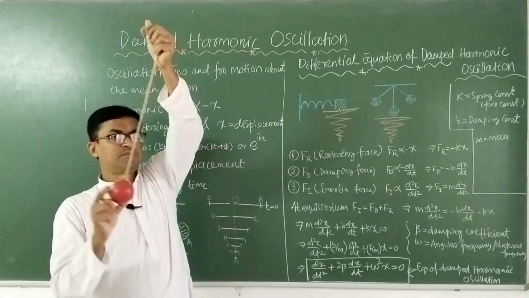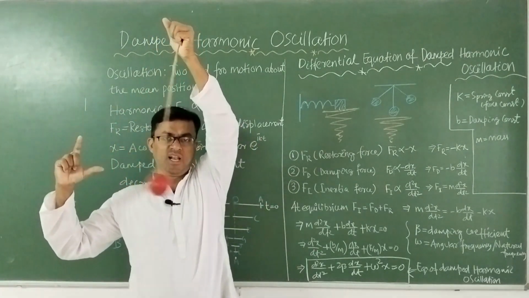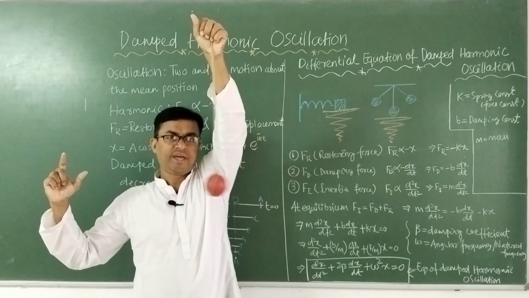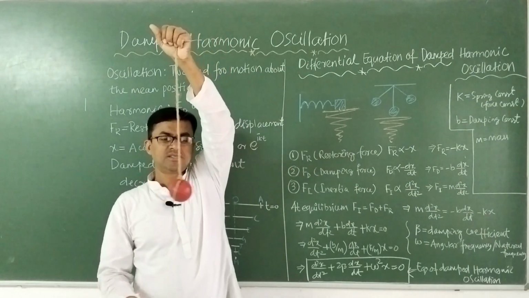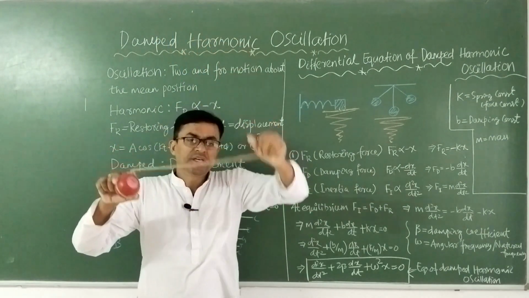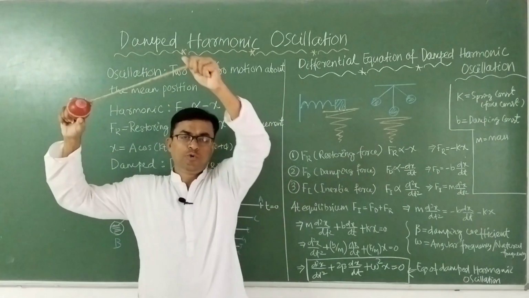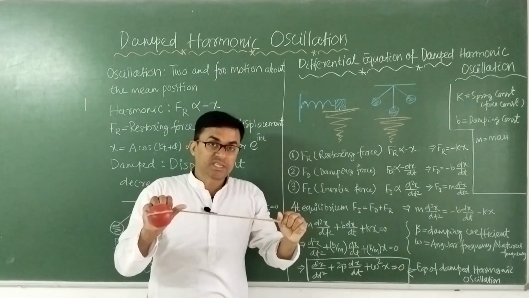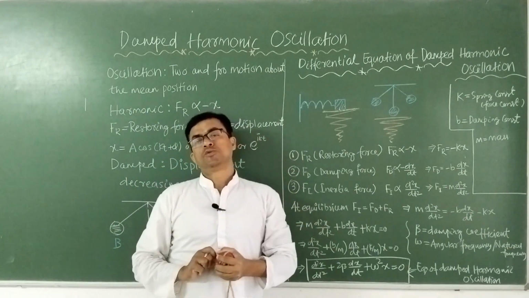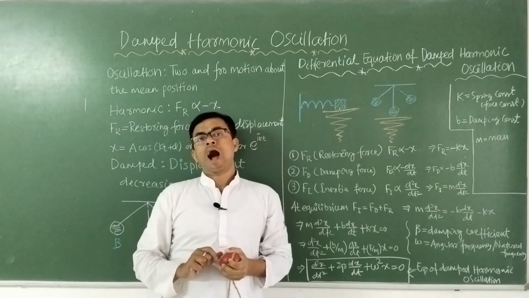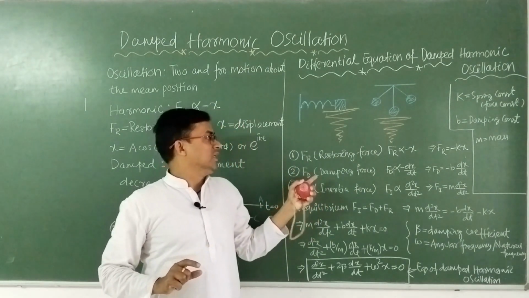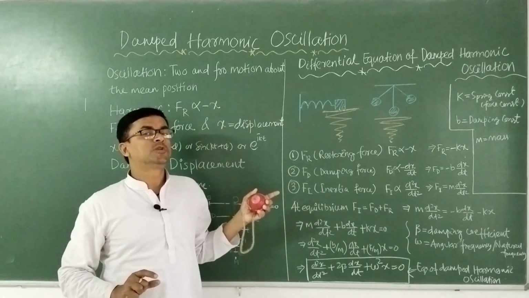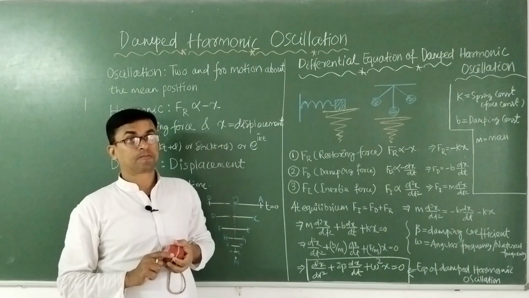When I have started oscillating this body and it is coming to rest, what does it mean? That means in this medium air is present, and when this body is moving, the air is resisting this motion of the body. And this damping force arises due to this air resistance.